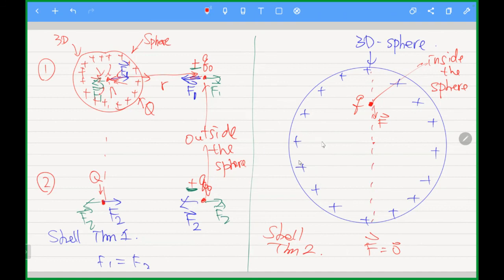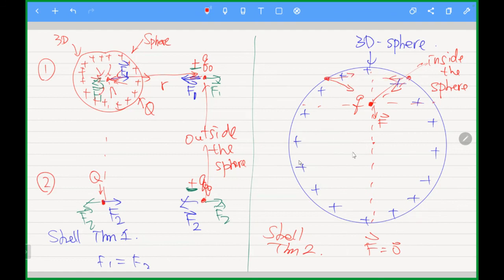So at least the left part and the right part are symmetric. For this one and this one, if you find the symmetric point, the horizontal components will cancel each other, clearly.